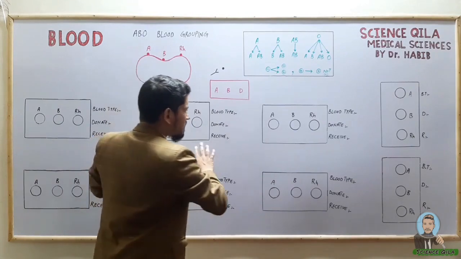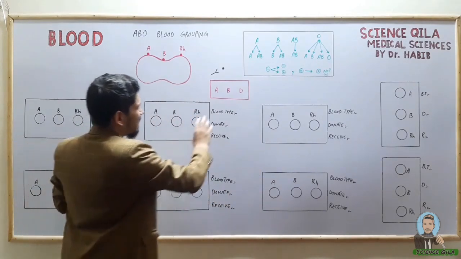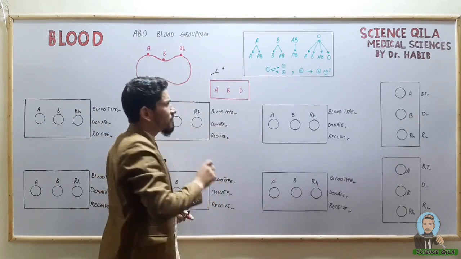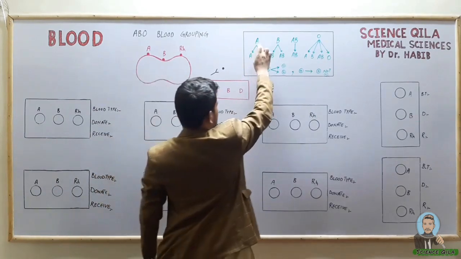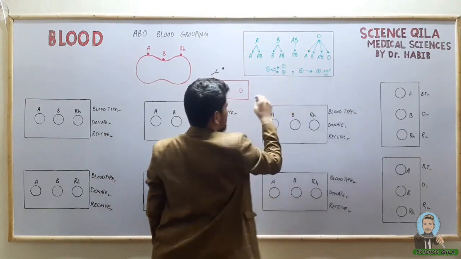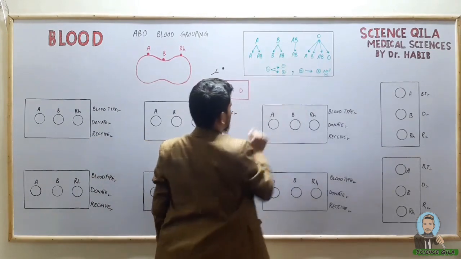Before really starting the overall topic, I have written here at the top one very important rule to keep in mind: these blood type patients can donate their blood to these blood type patients.